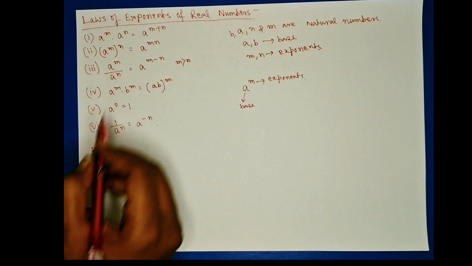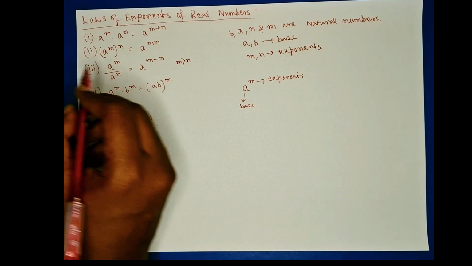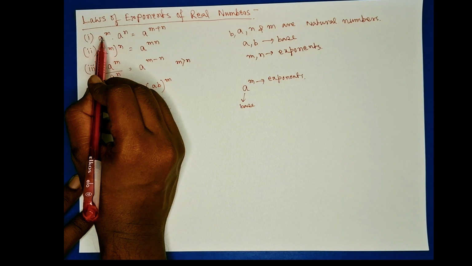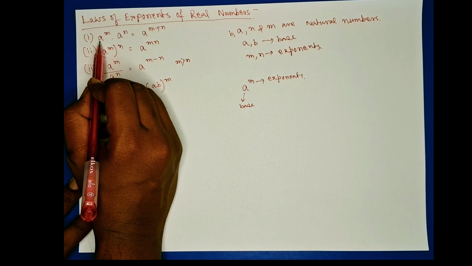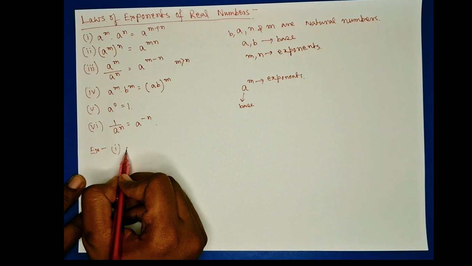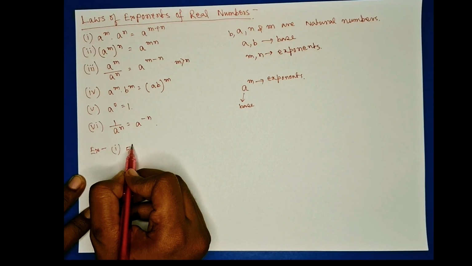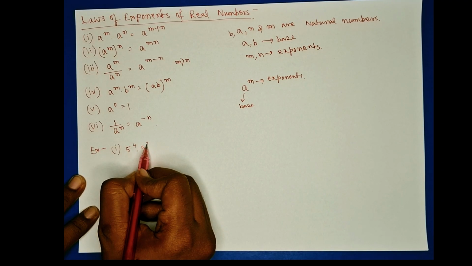for this. For the first one, I am taking an example. Consider the first one, where a to the power m into a to the power n. Here see, the bases are the same but the exponents are different. So considering the base same, 5 to the power 4 into 5 to the power 2.